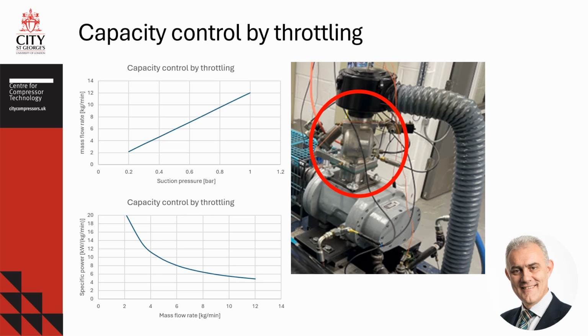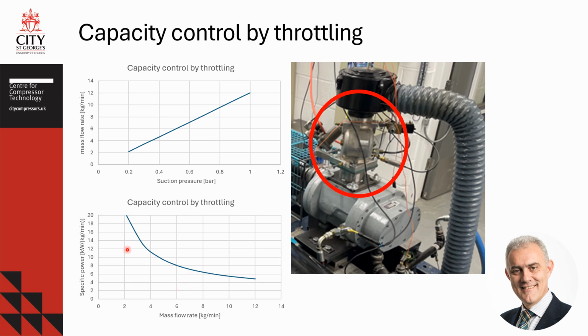Throttling is the cheapest capacity control method, as it only requires a simple butterfly valve, which is a common element in any compressor system. By reducing the suction pressure, the mass flow rate is linearly reduced, but at the cost of a significant increase in specific power, as shown in the bottom diagram.